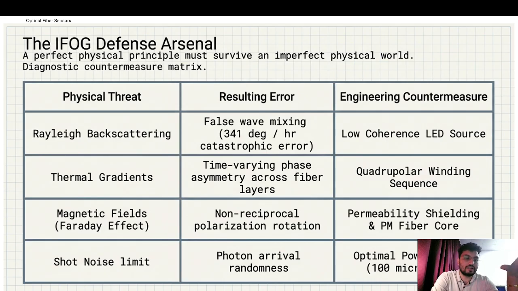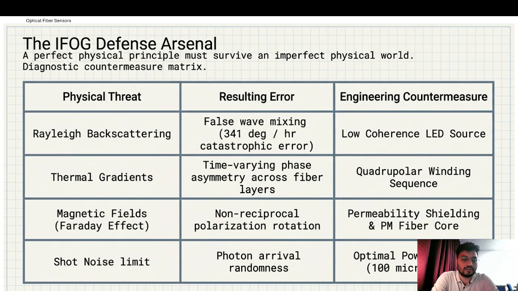First physical threat is Rayleigh backscattering, resulting in false wave mixing, 341 degree per hour, a catastrophic error. The countermeasure is a low coherence LED source. Then second is thermal gradients, time varying phase asymmetry across fiber layers, with a quadrupolar winding sequence.